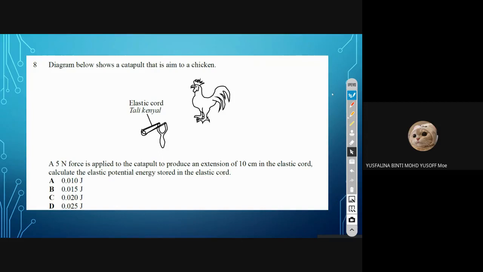So this one, I told you already, we can use the formula: E equals half Fx. The force is 5 Newton, and X is the extension, so this one has to be changed to meter first. If not, you cannot use joule here. So you get the answer.